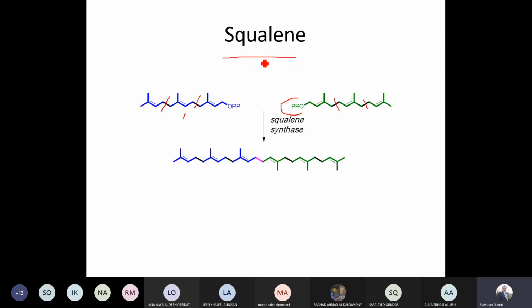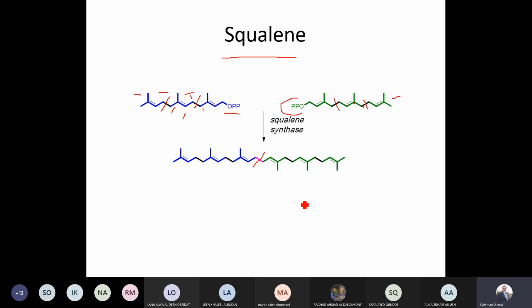So squalene is a triterpene. Squalene is a triterpene consisting of two farnesyl molecules attached to each other via tail to tail. Here we have head, here tail, here head, here tail, here head, tail, head, tail.